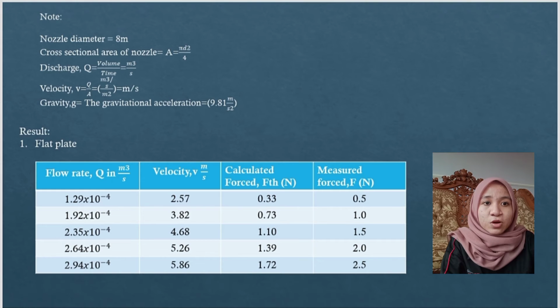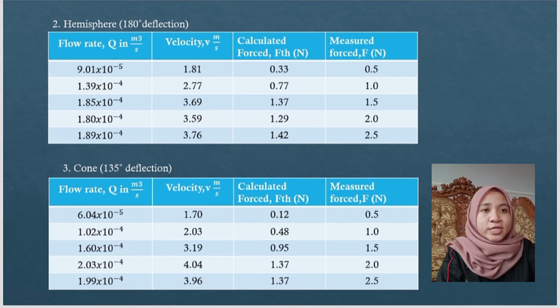The result for the plate is shown below in the table. And this is the result for the hemisphere, 118 degree deflection, and also the result for the cone, 135 degree deflection.